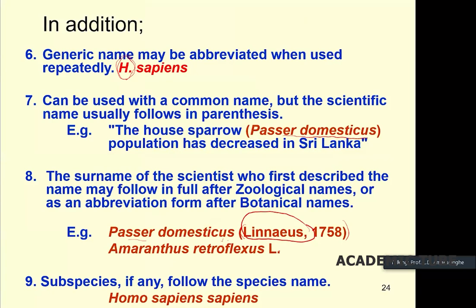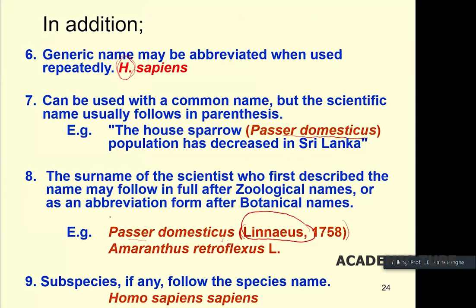And again, there may sometimes be a subspecies after the species. For human, the subspecies is sapiens. Then, for example, imagine one particular person found this particular individual the first time.